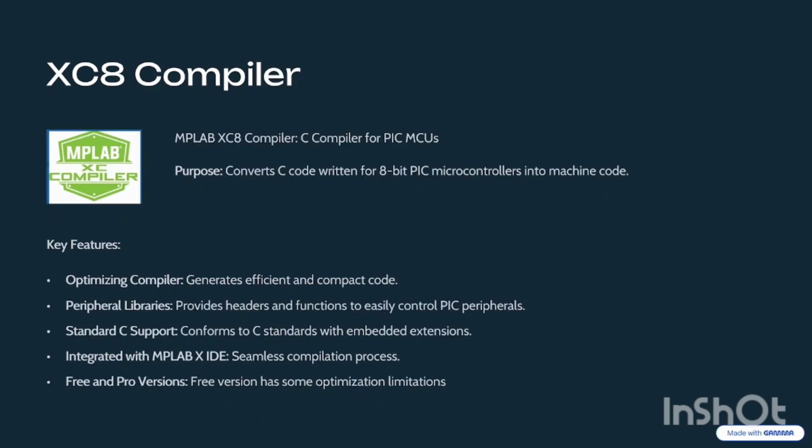Next one is the compiler. We use the MPLAB XC8 compiler, which converts C code written for 8-bit PIC microcontrollers into machine code. The key features of this compiler are that it provides an optimizing compiler, which generates efficient and compact code, and peripheral libraries.